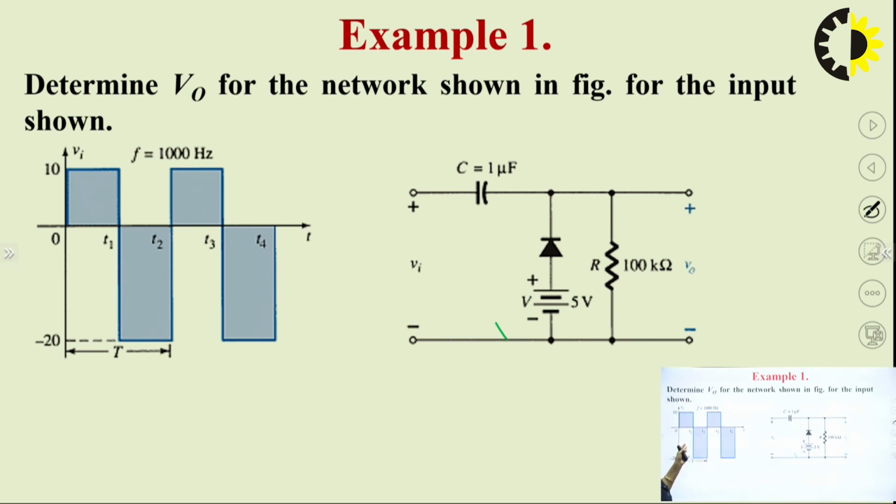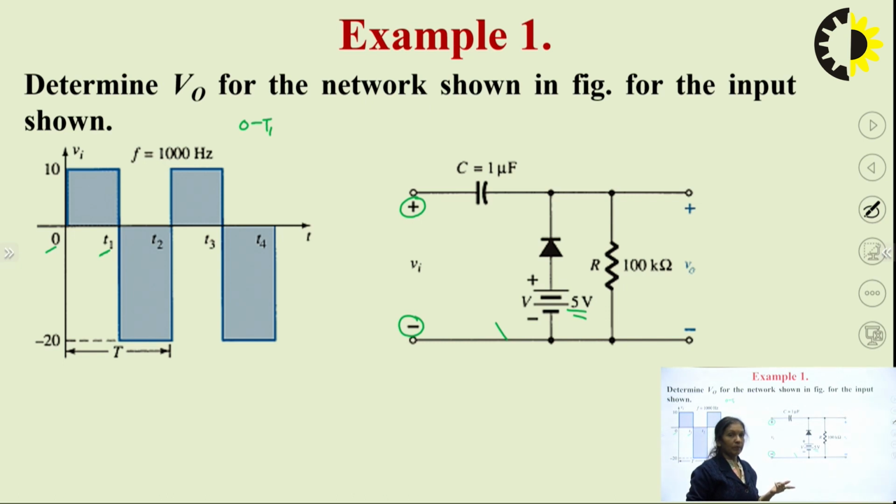So this is the input signal, and during the time period 0 to T1, this terminal is positive and this will be negative, and we are applying plus 10 volts. Since this is a rectangular waveform, the moment you apply this 10 volt, this will be greater than this 5 volt.